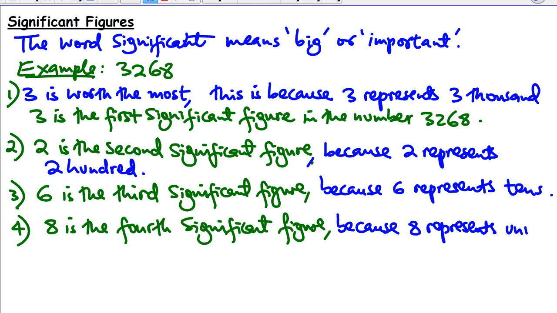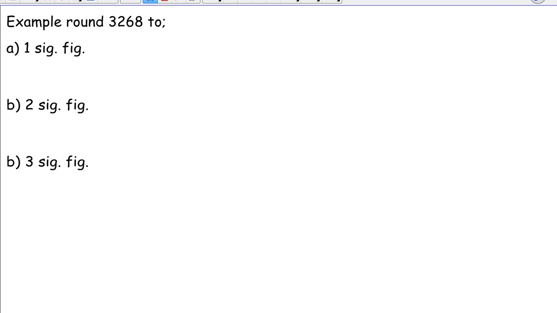Okay. So if you're asked to round to a certain number of significant figures, just count through the number until you reach the digit that you need, then round exactly as you would for whole numbers or decimals.